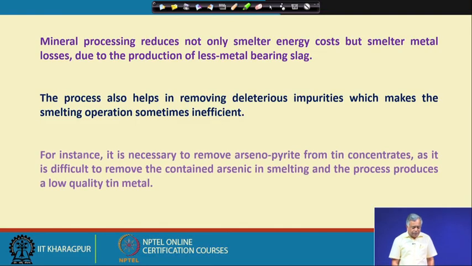Like the example that if you have arsenopyrite in a tin concentrate, that is, you are trying to extract tin, Sn, then what will happen? Now, it is very difficult to remove this arsenic in the smelting process, even if you have very little arsenopyrite, and the entire process produces very low quality tin metal.